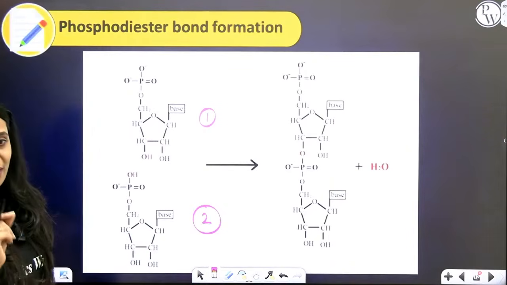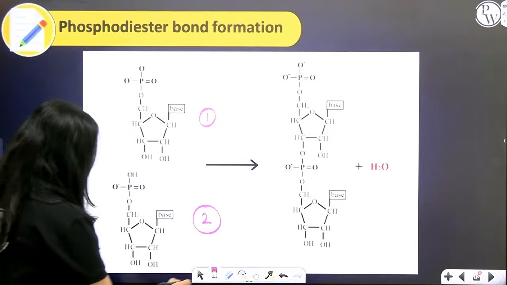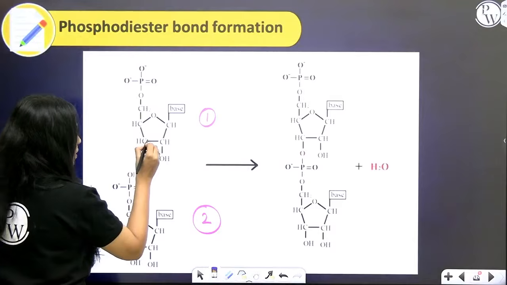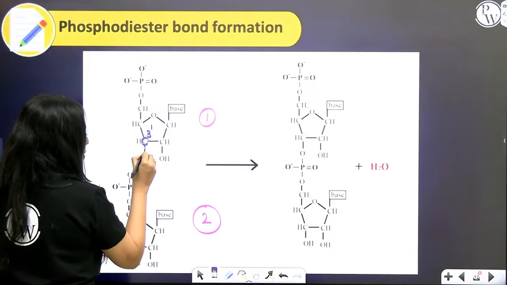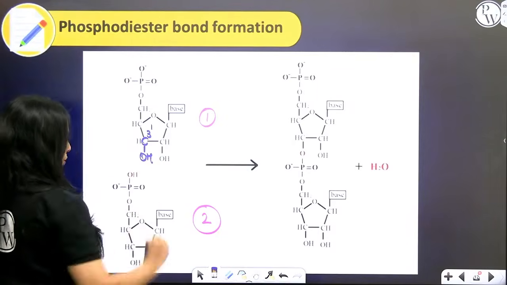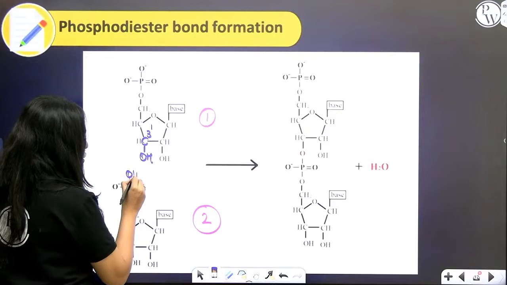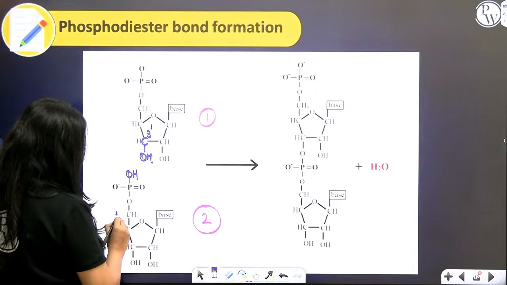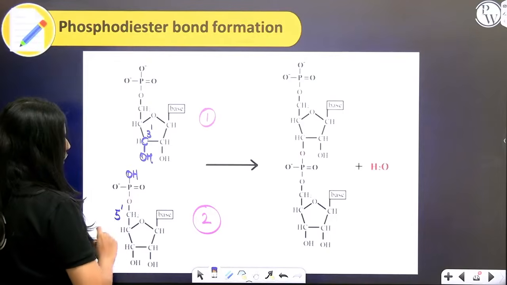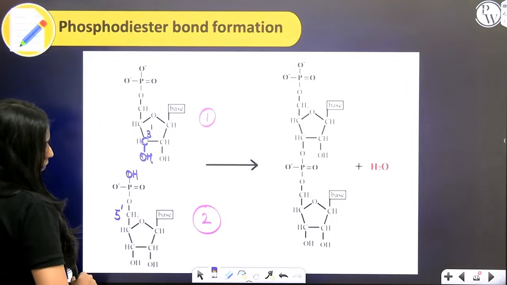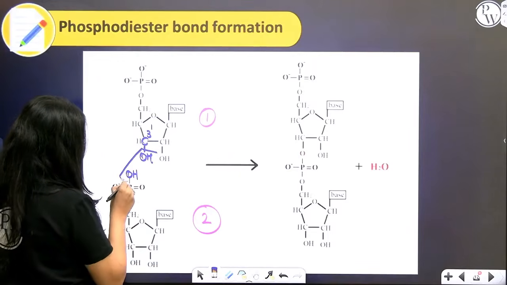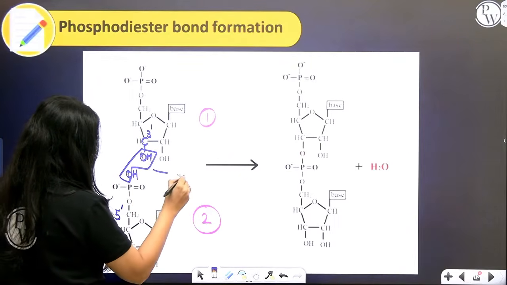The bond formation happens between the hydroxyl group in the 3rd prime carbon of the first nucleotide and the hydroxyl group in the phosphate group attached to the 5th carbon of the second nucleotide. So there is a condensation reaction and a water molecule gets eliminated.